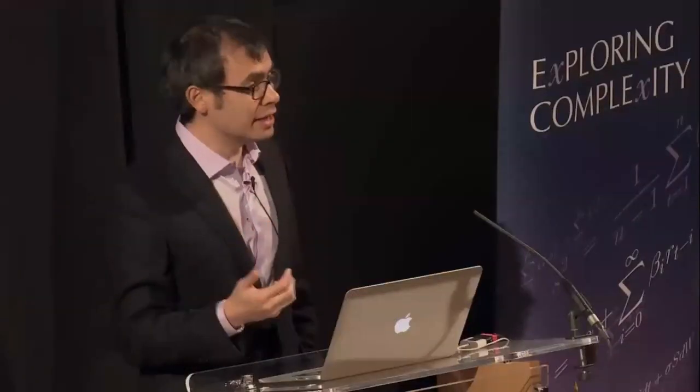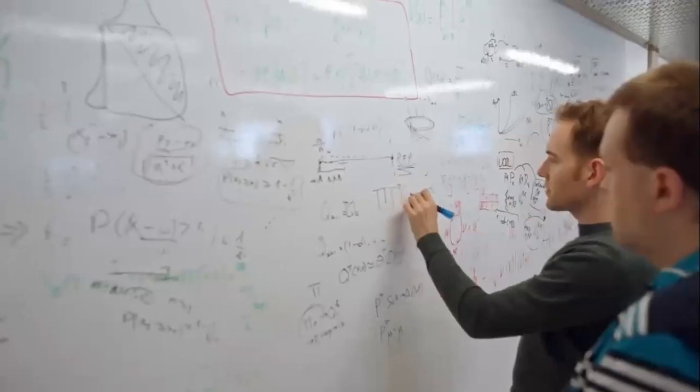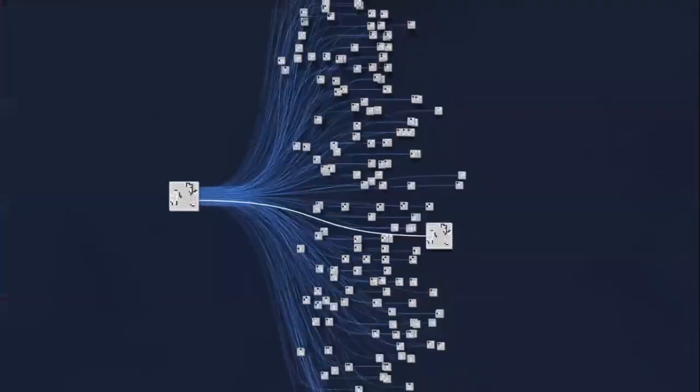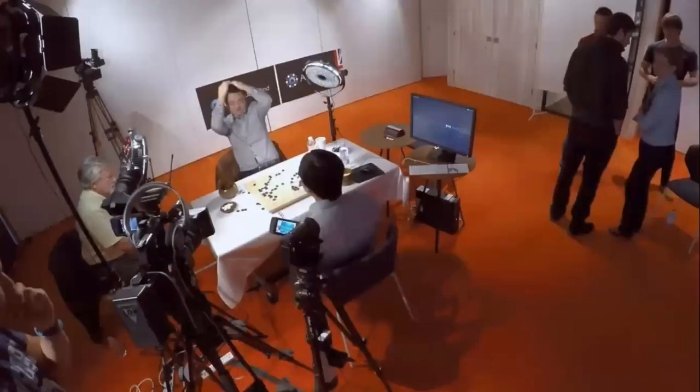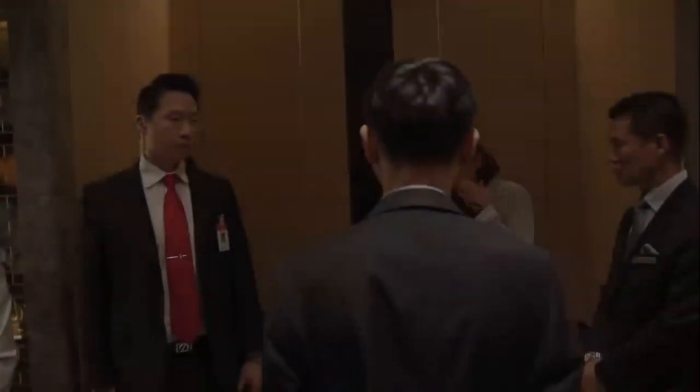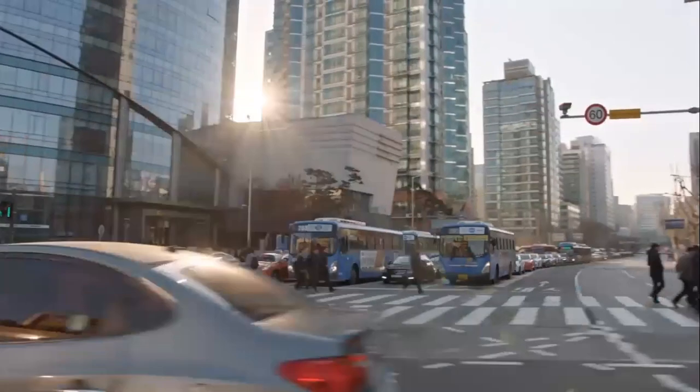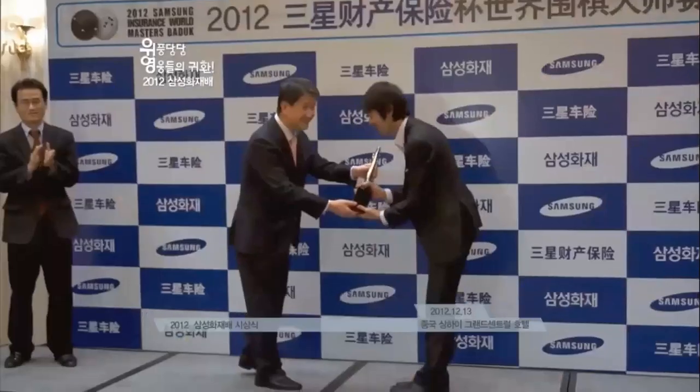Oldest continuously played board game. It is one of the simplest and also most abstract. Beating a professional player at Go is a long-standing challenge of artificial intelligence. Everything we've ever tried in AI just falls over when you try the game of Go. The number of possible configurations of the board is more than the number of atoms in the universe. AlphaGo found a way to learn how to play Go. So far, AlphaGo has beaten every challenge we've given it, but we won't know its true strength until we play somebody who is at the top of the world, like Lee Sedol. They said Lee Sedol is to Go what Roger Federer is to tennis.